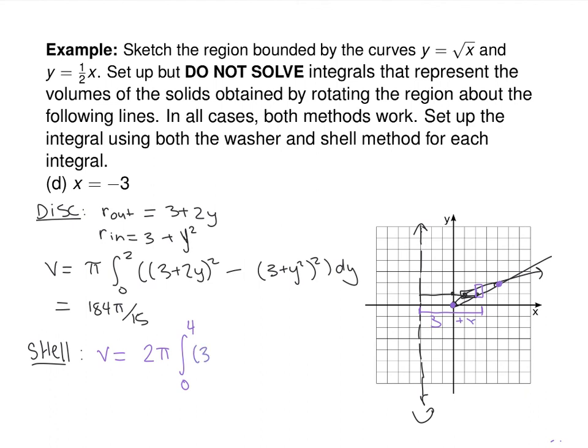So 3 plus x. And the height of a slice, top curve minus bottom curve, so root x minus a half x. And so assuming you've set them both up correctly, there you go, you should get the same answer, both 184 pi over 15.